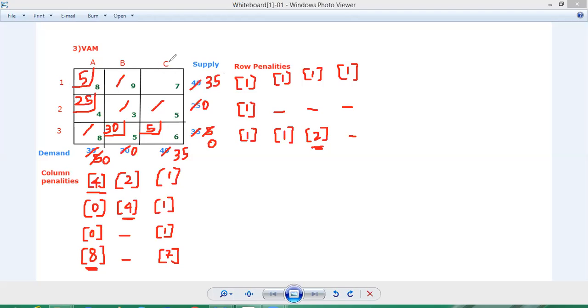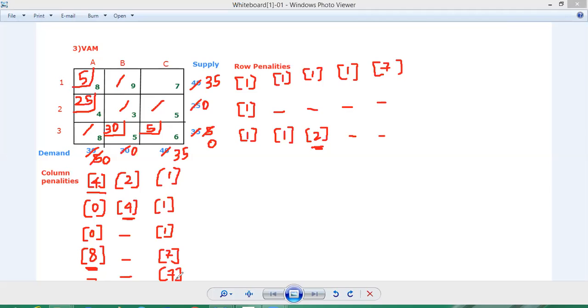Now we have only one cell left in the table. Even if you compute the row penalty and column penalty, we have only one cell. You will get a penalty of 7, and here we don't have to compute anything. There is only one cell, that is 7.